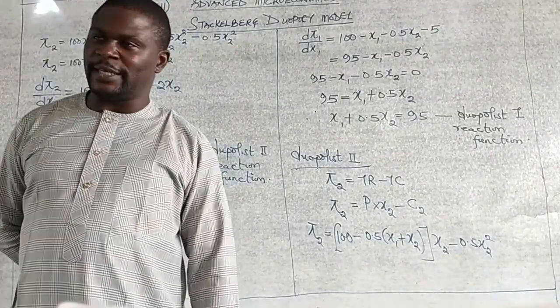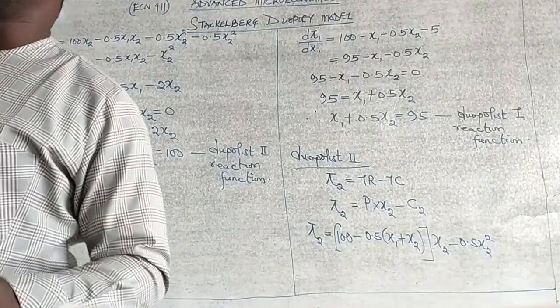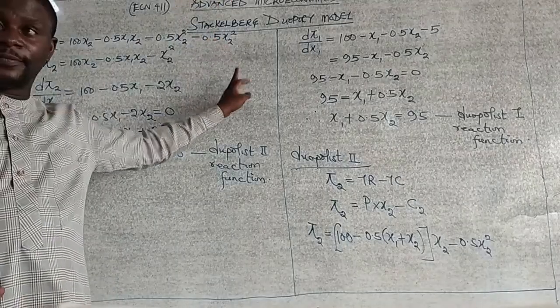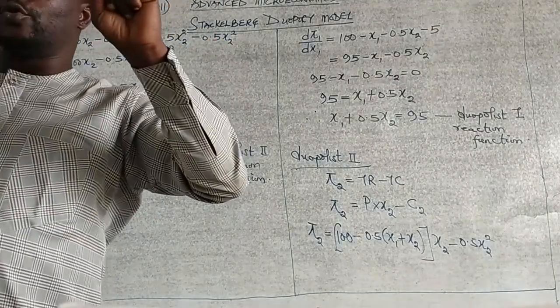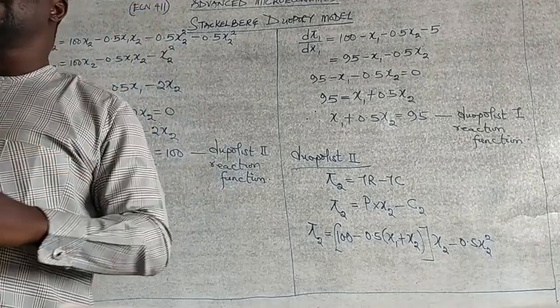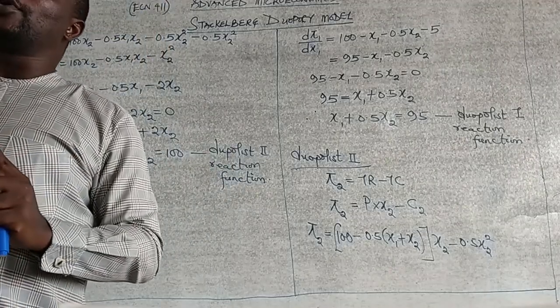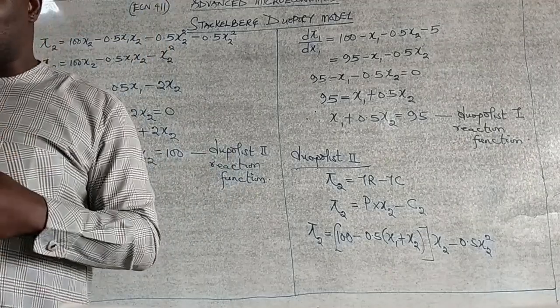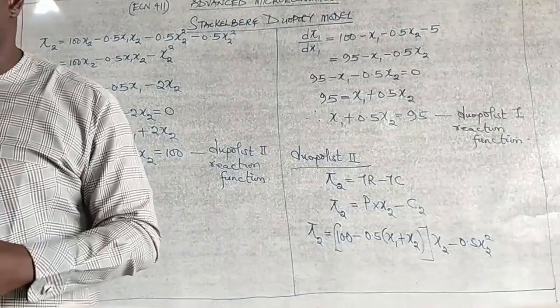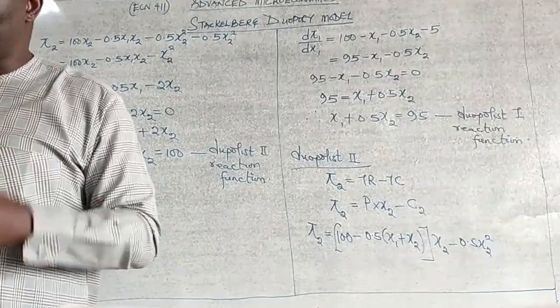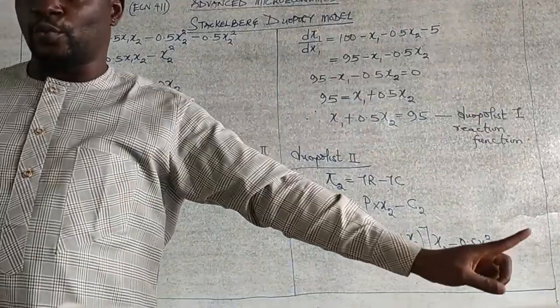I will repeat that again. In the Stackelberg model, you always have two duopolists, duopolist 1 and 2. It is always assumed that duopolist 1 is more superior, he has a better understanding of the market than duopolist 2.